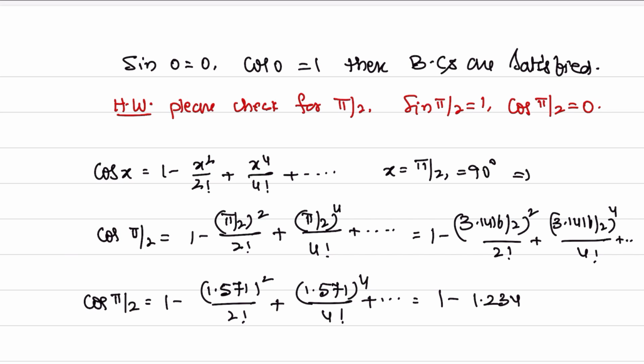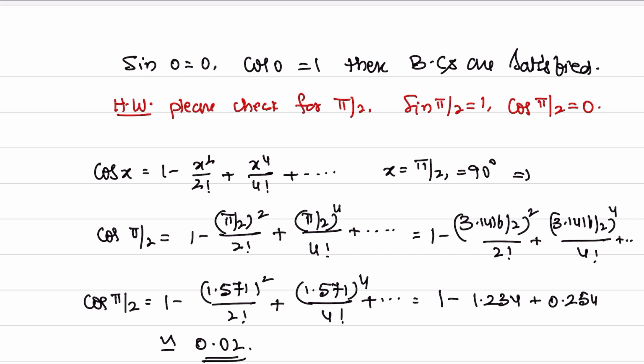1.234 plus 0.254, that is approximately equal to 0.02.